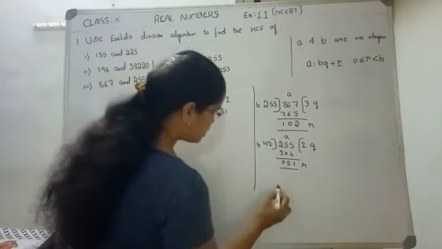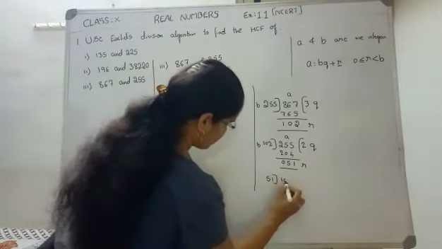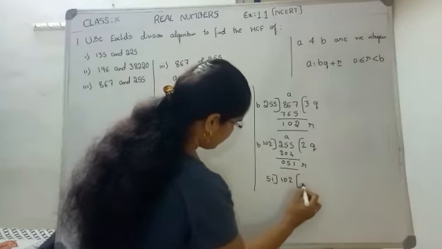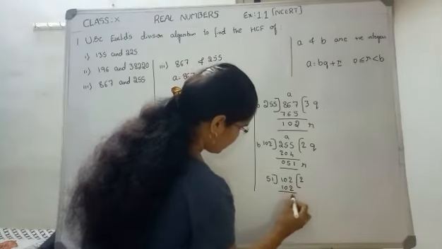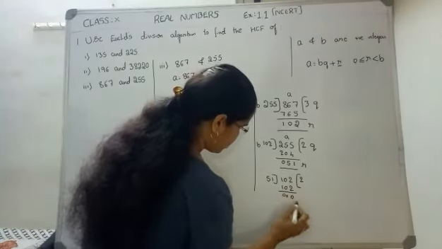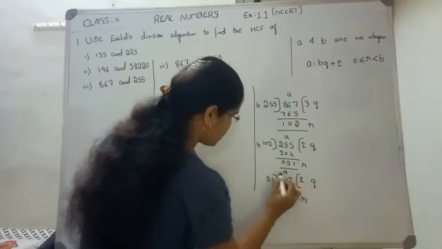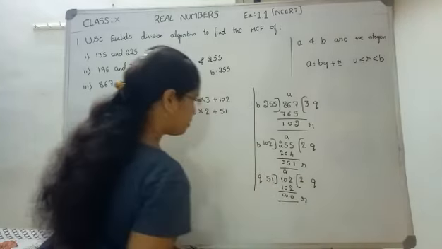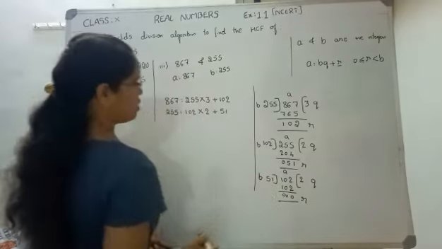Now in the third step, the remainder becomes the divisor and the divisor becomes the dividend. 51 2s are 102. Here it completely divides. Here remainder is 0, quotient is 2, A is 102, B is 51.